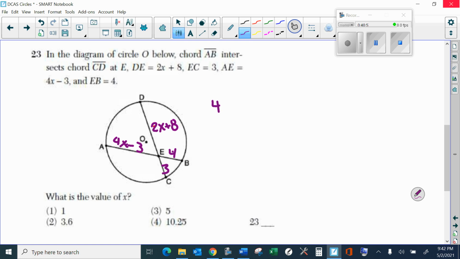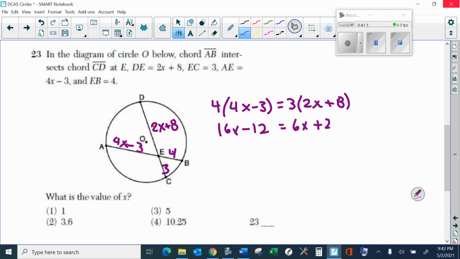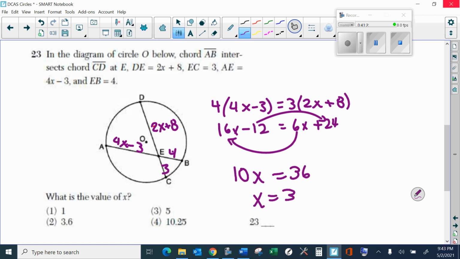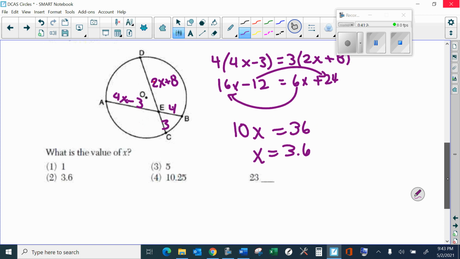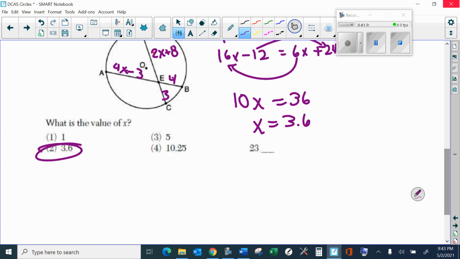So I have 4 times (4x minus 3) equals 3 times (2x plus 8). Now we just solve it, pre-algebra. 16x minus 12 equals 6x plus 24. Smaller to larger side, so I have 10x equals, add the 12 across, 36. So x equals 3.6. Number 2 right there.